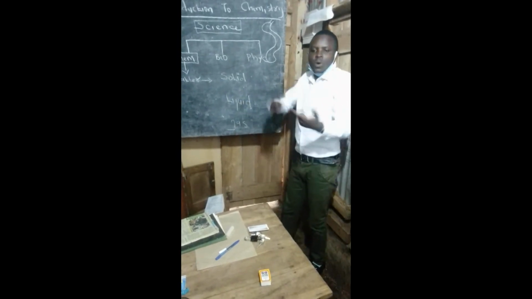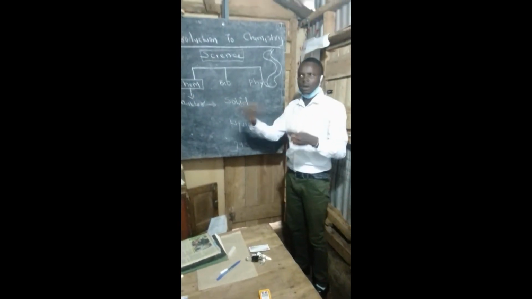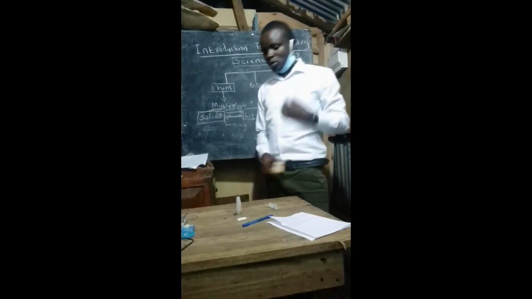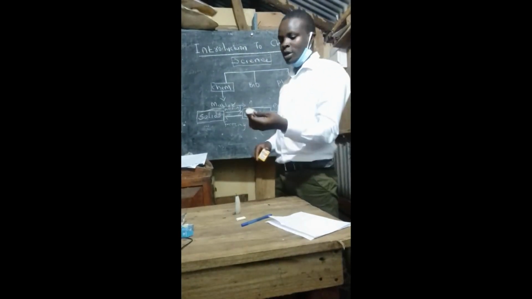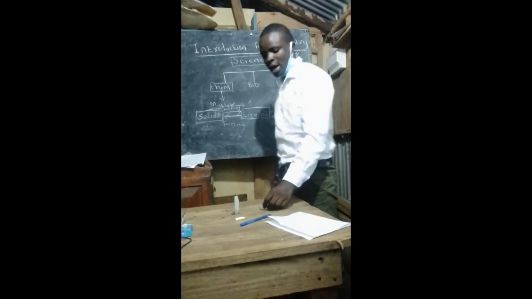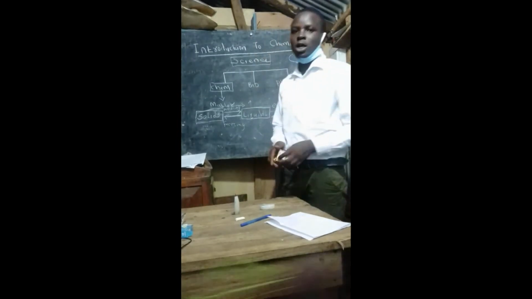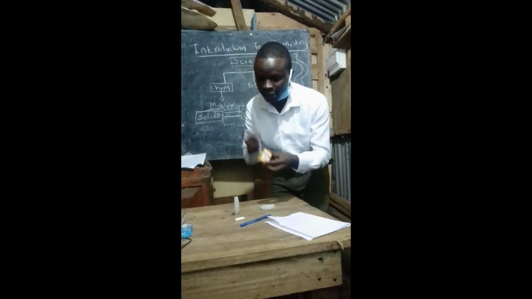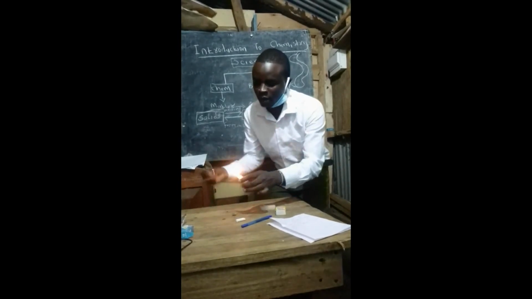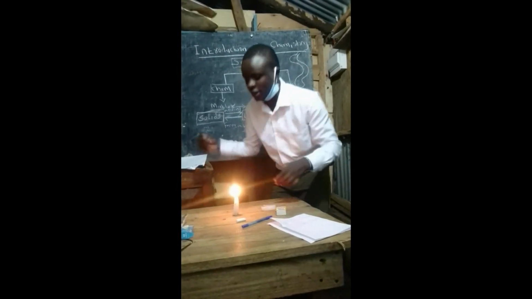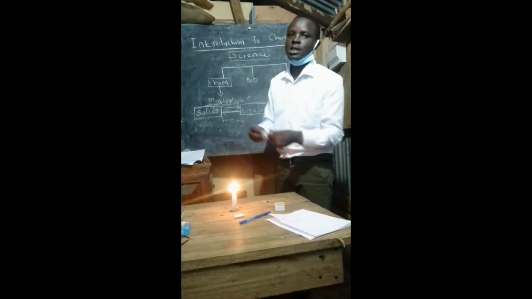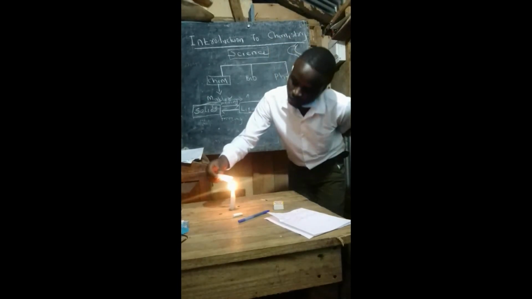We are going to see what is going to happen to the candle wax when we change the physical environment around it by increasing the temperature using a source of heat. So the first piece of the candle will act as the source of heat, which will help to increase the temperature around this candle wax.